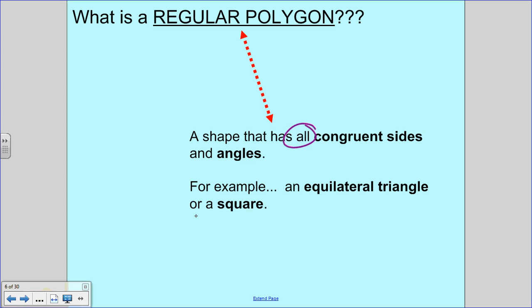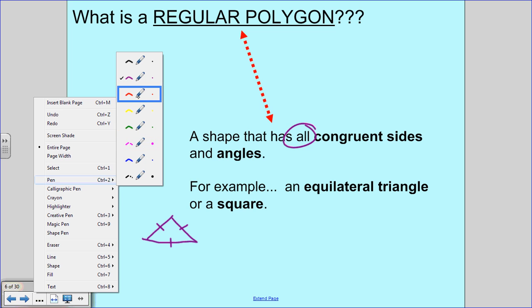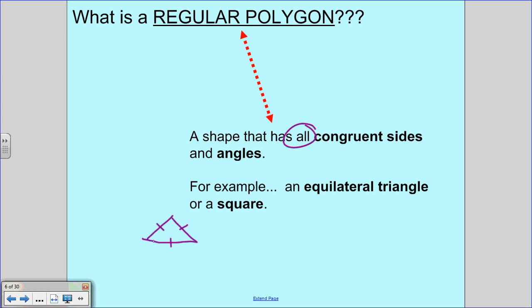For an example, an equilateral triangle is a regular polygon because all three sides measure the same. That's why it's equilateral. But all the angles will be the same measure too. And so it's also equilateral and equiangular.